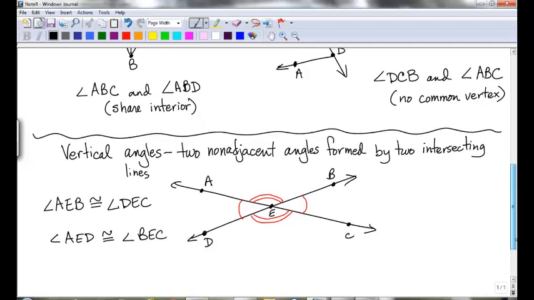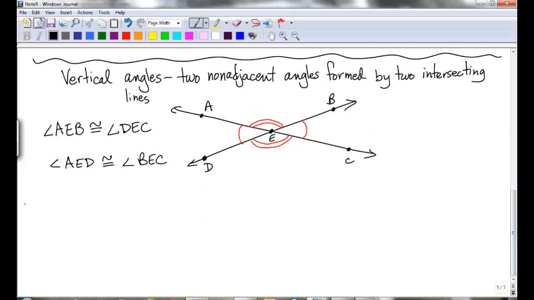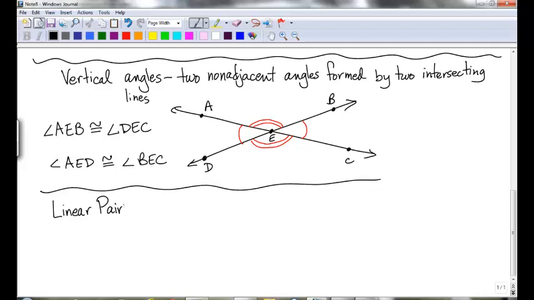Okay, the next thing the author defines is a linear pair. The term linear pair. A linear pair is a pair of adjacent angles.